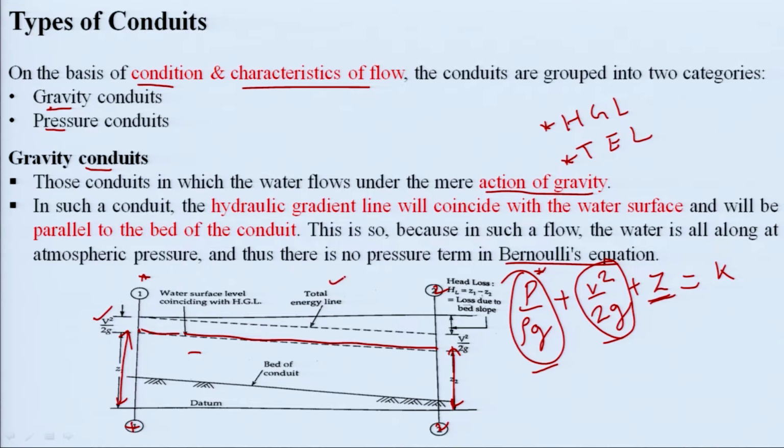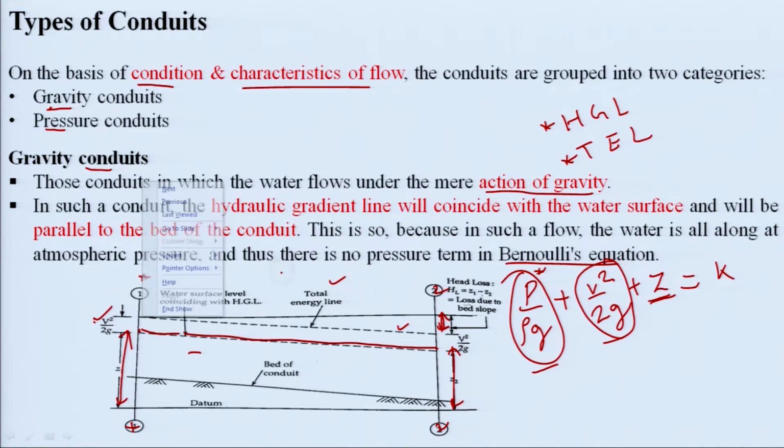It can be seen that there is a loss which is due to various reasons. One of the reasons is frictional loss, and that reduces the value of velocity head. Hence, the total energy line is deviating from the straight line.